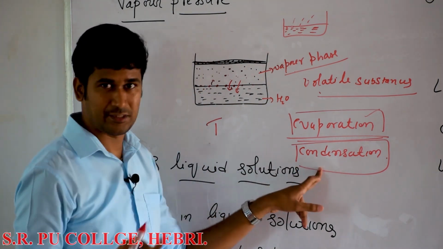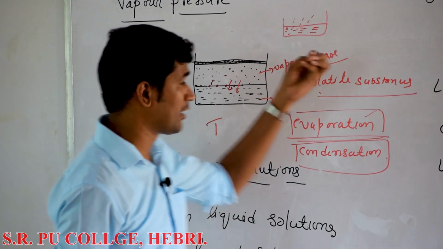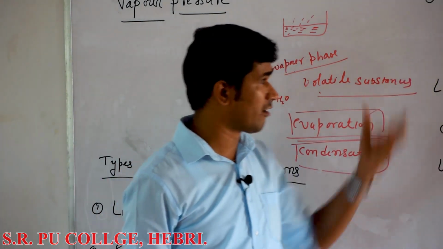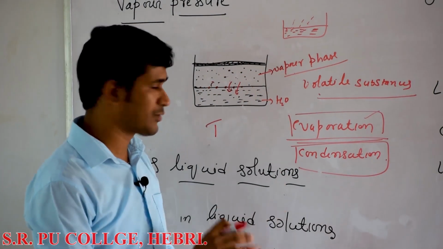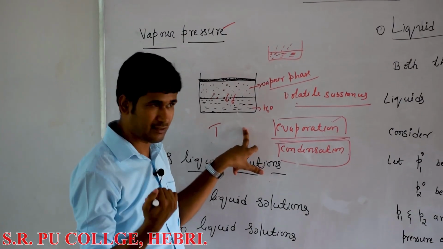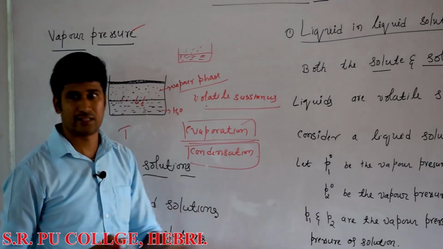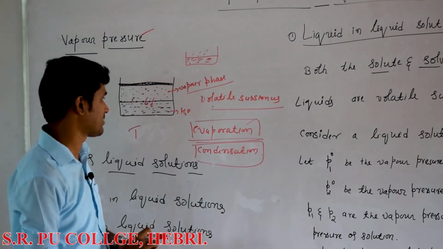You studied it in first PUC also. It's an equilibrium state. While discussing the solubility of a solute in a solvent, we discussed saturated solution and equilibrium. In that case, we discussed dissolution and crystallization. The rate of dissolution becomes equal to the rate of crystallization.